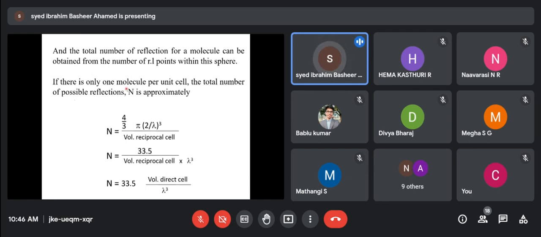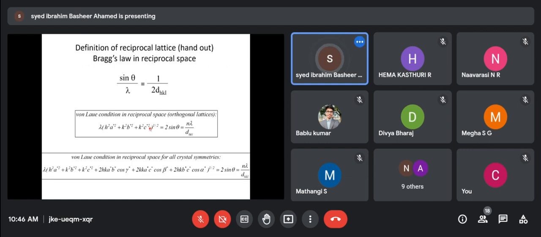If there is only one molecule per unit cell, the total number of possible reflections is n equals 4 by 3 pi of 2 by lambda whole cubed. You know that this is the volume of the sphere, divided by the volume of the reciprocal cell. So the number of reflections can be obtained directly as 33.5 times the volume of the direct cell divided by lambda cubed.